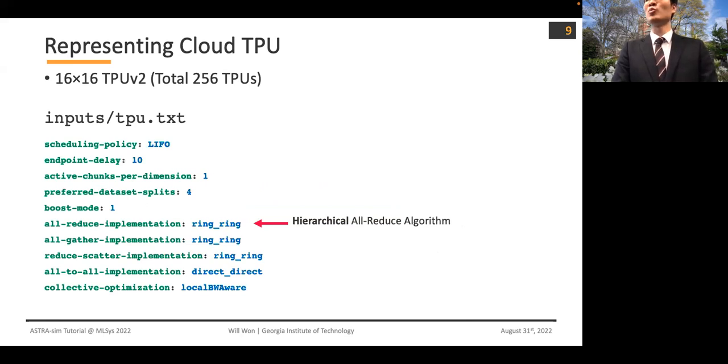Again, a new topology file has been created, so we create the corresponding systems info file. Again, nothing changes but the all-reduce implementation. Unlike the switch one, this is ring, and for ring topology the best collective algorithm is ring all-reduce. That's why we're using the 2D ring hierarchical algorithm for the Cloud TPU architecture.